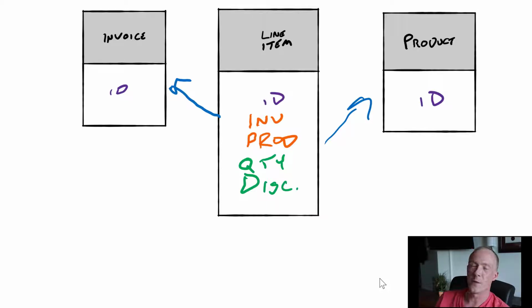Authors might author many different books, and books might be authored by many different authors. In that case, a simple table with lookups to each is appropriate. Now, in other cases like line items, there are other properties such as quantity and discount, for example, that we might want to include. But the point being is that having this intermediate junction table will give us the structure necessary to do so.